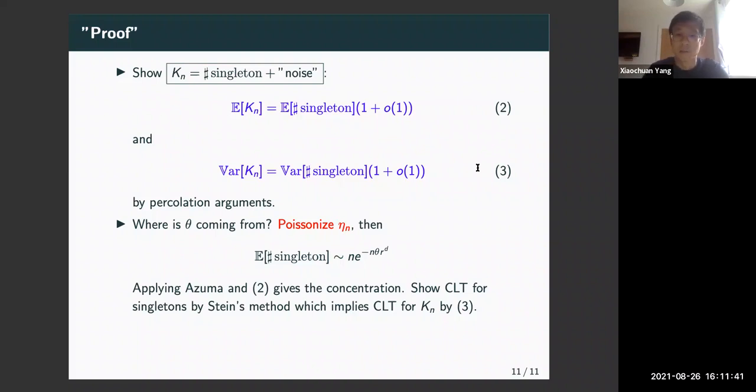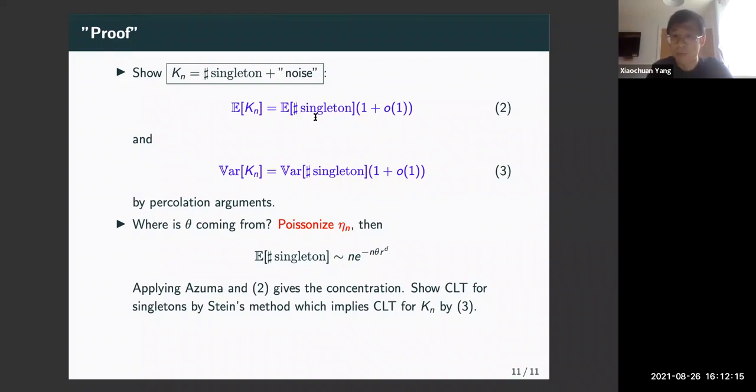The number of singletons is asymptotically n, the number of points, times the probability that a particular point is a singleton. That corresponds to the probability that a Poisson random variable is equal to 0, and the parameter of this Poisson random variable is precisely n theta r to the d.